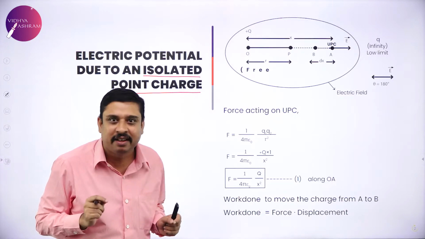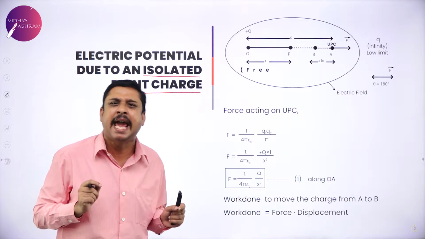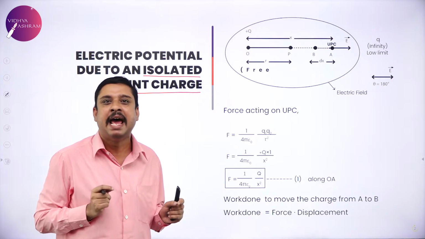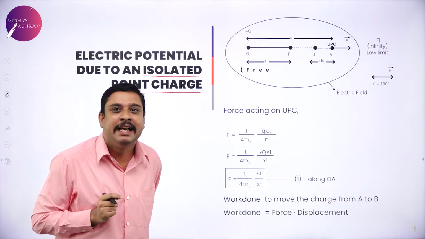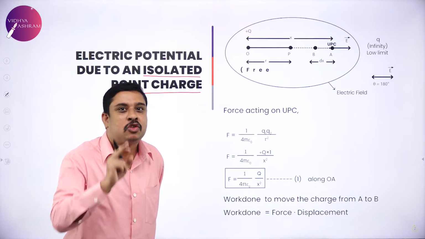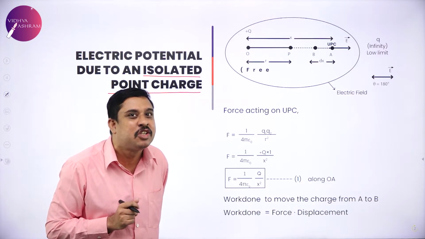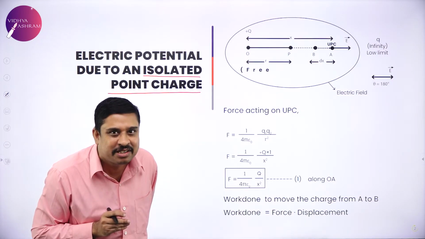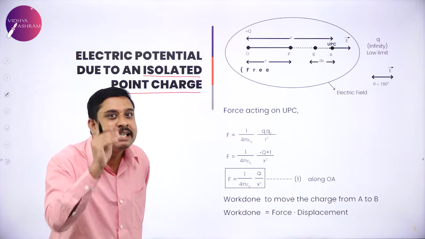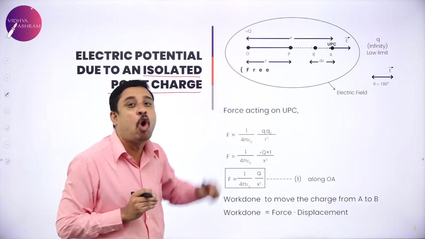To begin with, we will go to the same considerations as we did in our yesterday's class. What was the first consideration? A point charge, which we called the source charge.